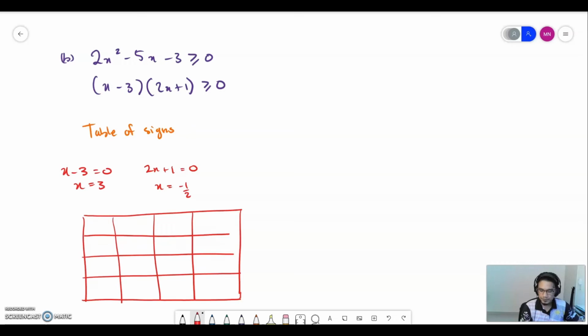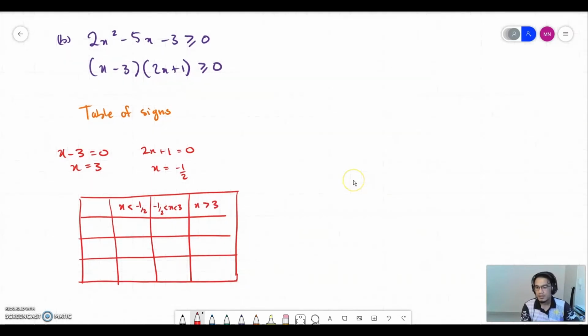The first region is where x is less than negative 1 over 2, then in between negative 1 over 2 and 3, then the region where x is bigger than 3.